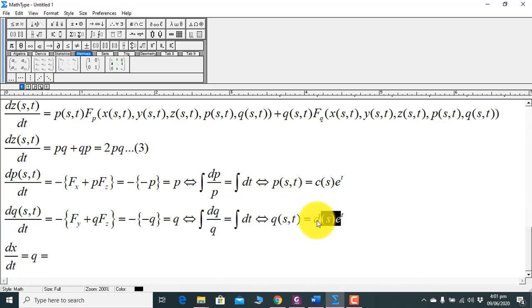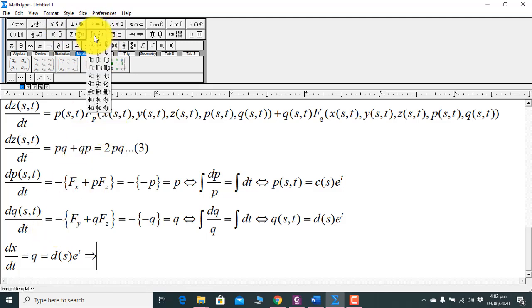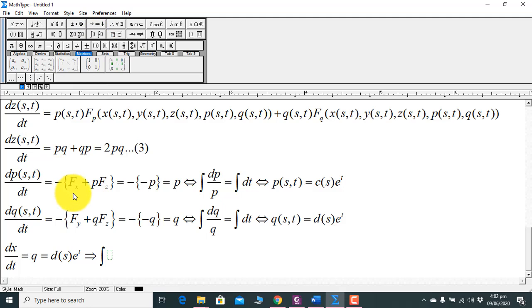d e to power t. Okay, again integrating both sides, because the integral of an exponential is an exponential and there is no other unknown thing. So integrating both sides, you can write easily x equal to the integral, because since d of s does not depend upon t, you can write easily d of s e to power t dt.